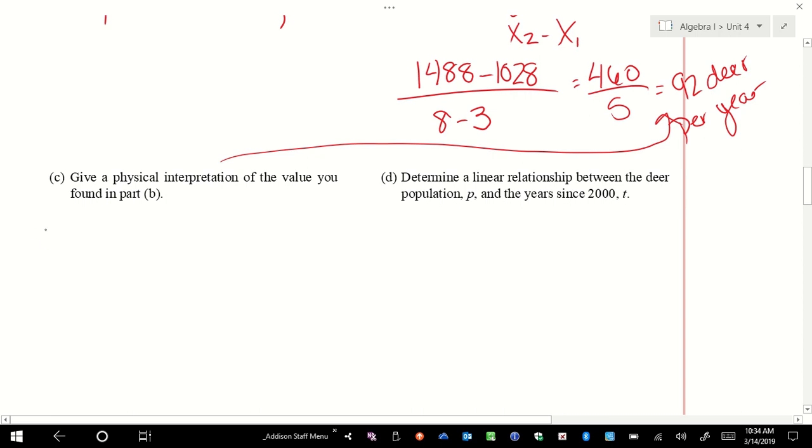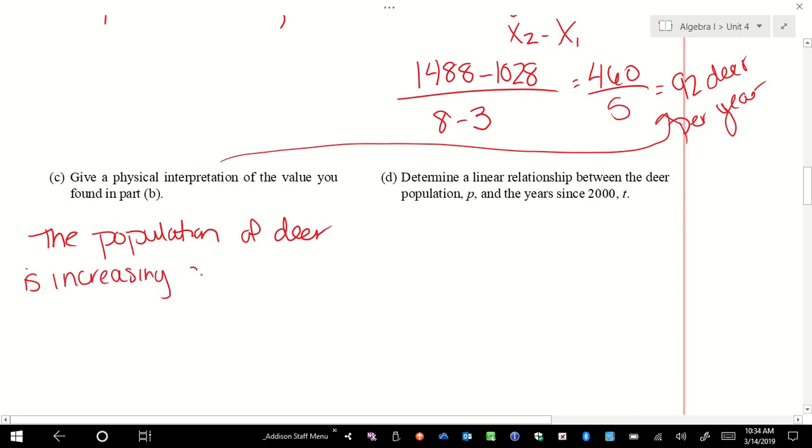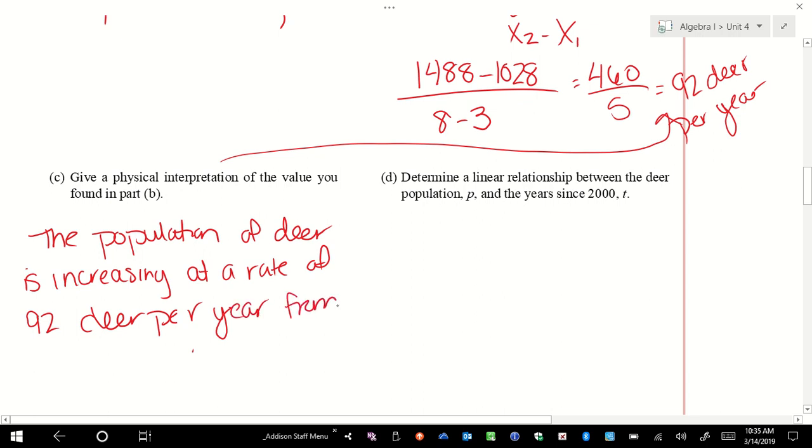Hopefully you wrote something like this: the population of deer is increasing at a rate of 92 deer per year from 2003 to 2008.